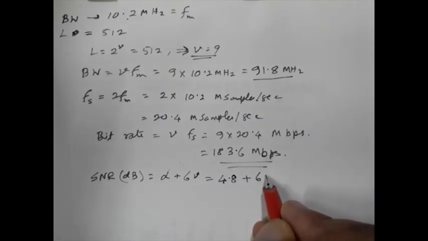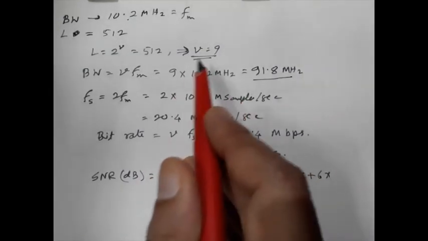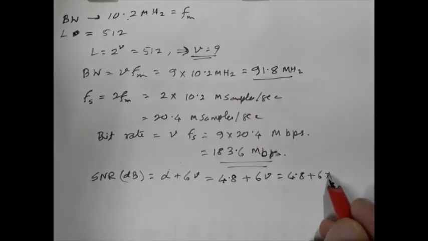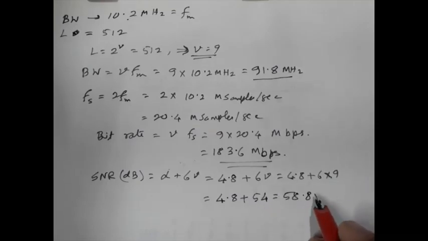So plus 6 into n, it is equal to 4.8 plus 6 into 9. So this is the signal to noise ratio.